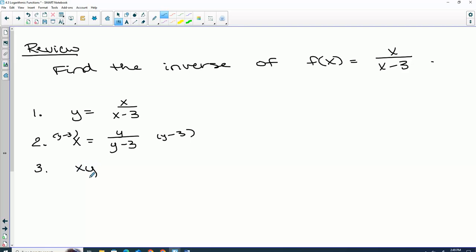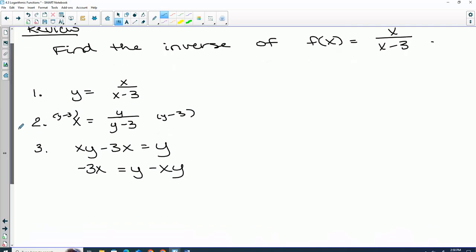So we get xy minus 3x equals y. I'm trying to solve for y. I have y in multiple places, so let's get them on the same side. What do you want to do? Subtract the xy. Okay, can I actually subtract those? So what do we do?